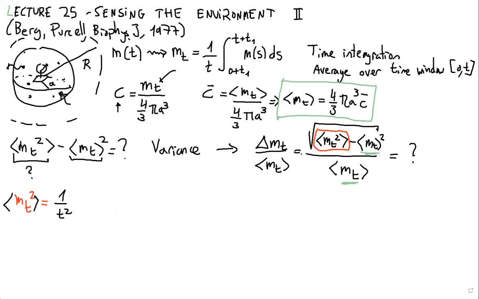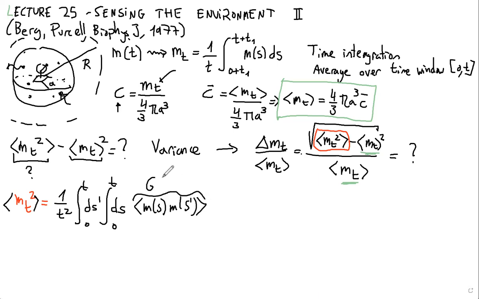If we want to do the average, we just do the following: integral ds prime, integral ds from 0 to t, of the average of m_s m_s prime. And we call this g of s minus s prime. Okay, it's just a definition.